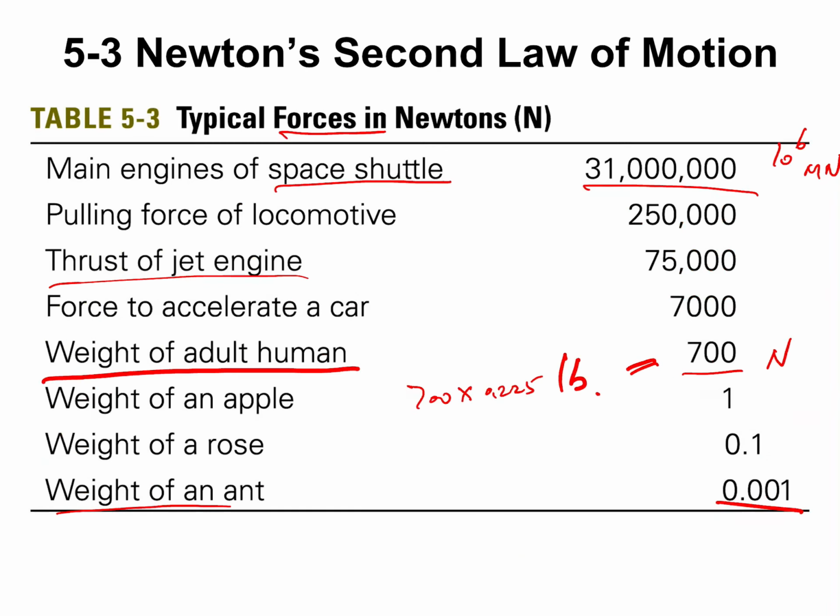And based on your weight, whatever pounds, you can assume 150 pounds, and you can turn 150 pounds into Newtons: 150 divided by 0.225. That's how many Newtons your weight is. That's my weight actually, 150 pounds.